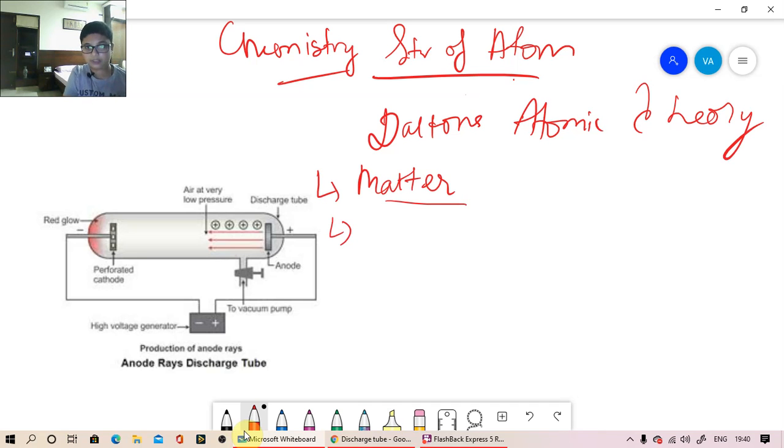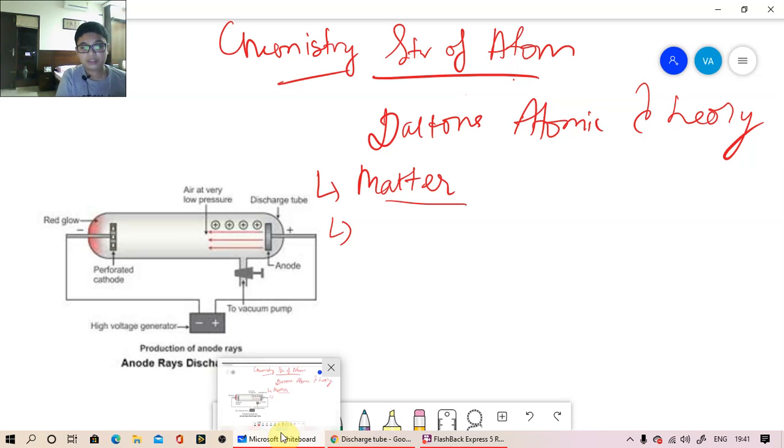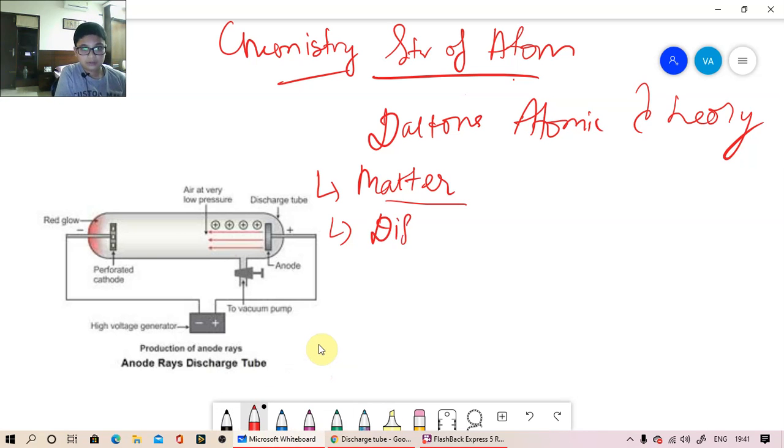Please note down, matter was composed of tiny indivisible particles called atoms, and atoms of a given element are identical and possess unique characteristics. Atoms of different elements have different weights and different chemical properties.